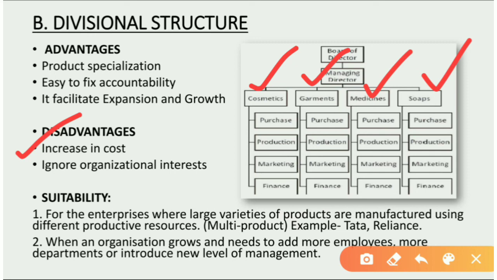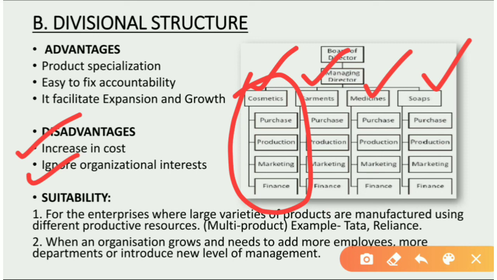Now, it ignores organizational interest. As I told you, students, all the departments are separate, so the cosmetic department or cosmetic division will focus on gaining profit for their own department. The garment department will focus on their department, the medicine department will focus on their department, so they will focus on their divisions only.